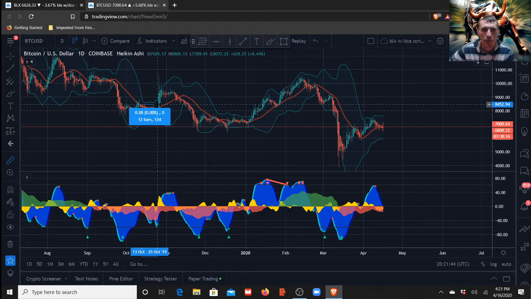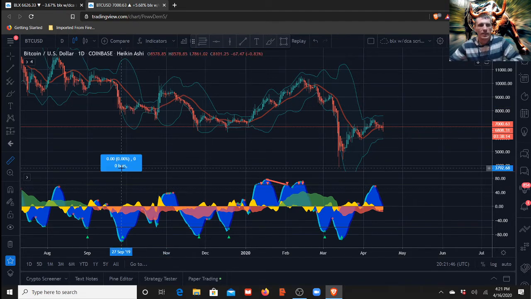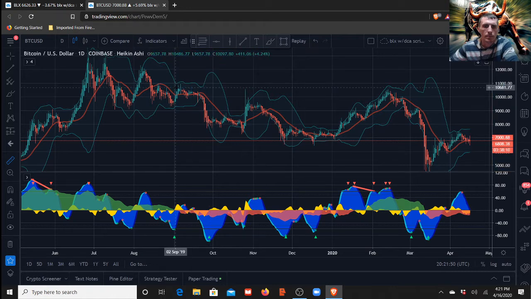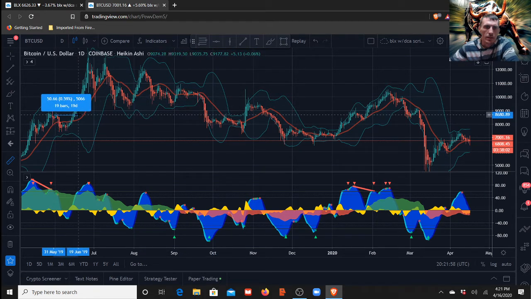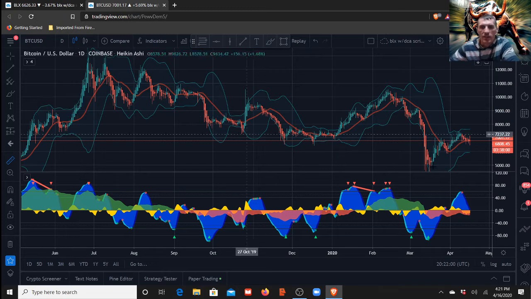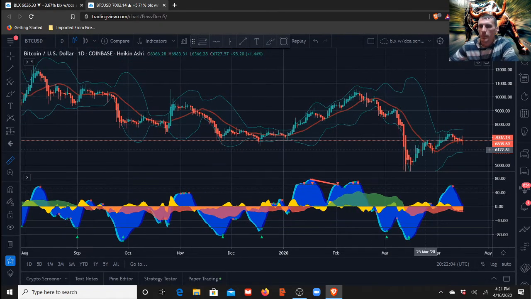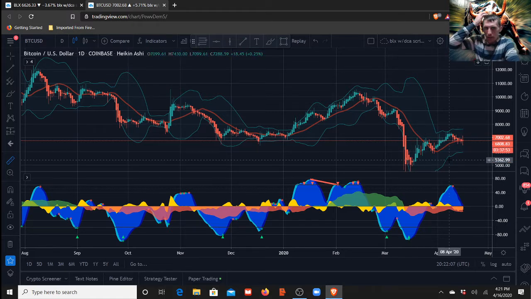Here was another 12-day squeeze. Another 21-day squeeze. 19, 20-day.